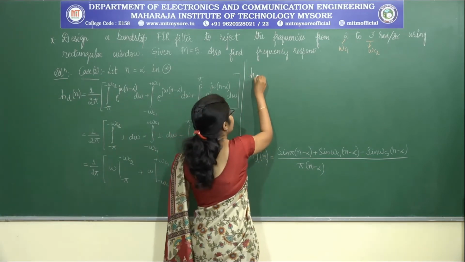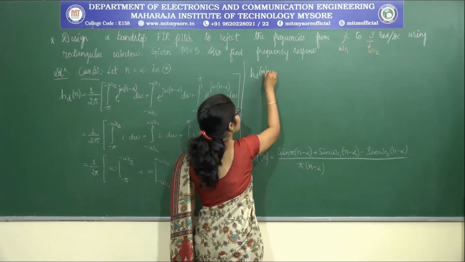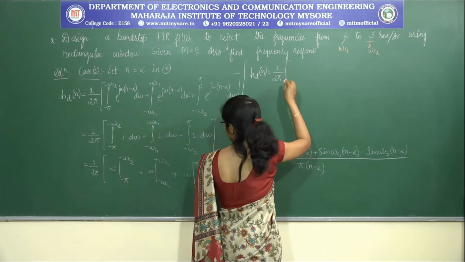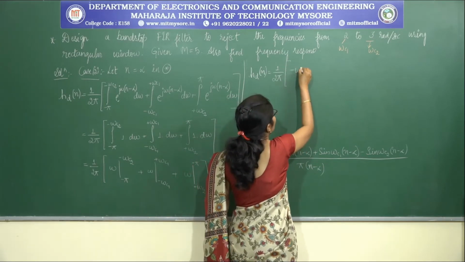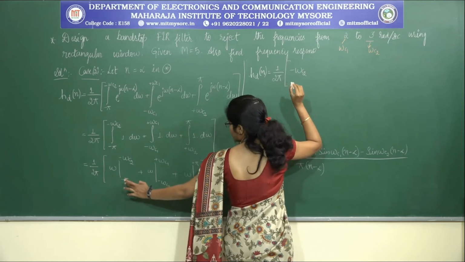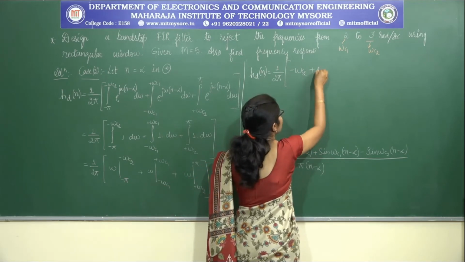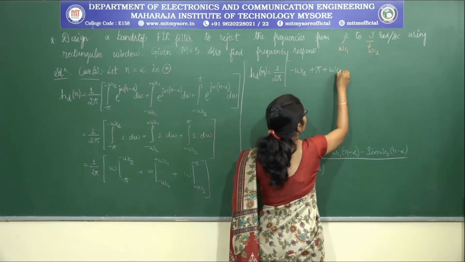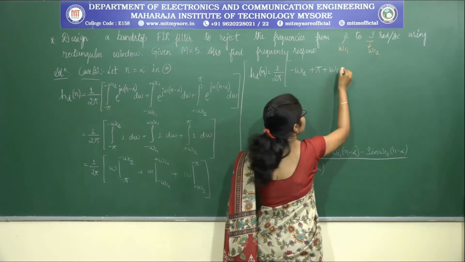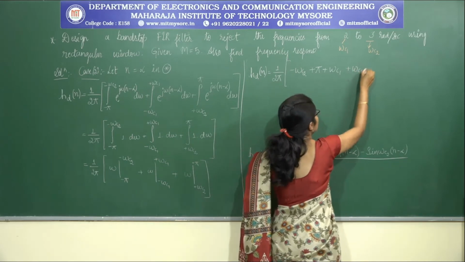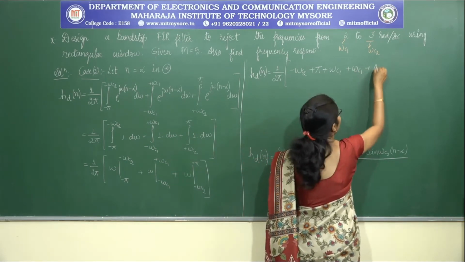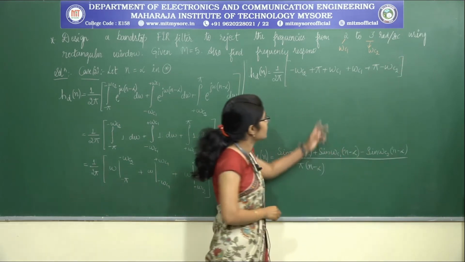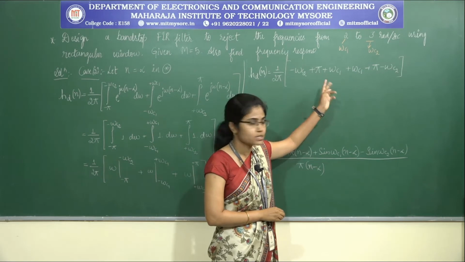Therefore, hd of n will be equal to 1 divided by 2 pi into, if I substitute the first limits, it will be minus omega c2, minus of minus becomes plus pi, plus the second upper limit is omega c1, minus of minus becomes plus omega c1, plus pi minus omega C2. So we have 2 omega C1, 2 omega C2 and 2 pi.